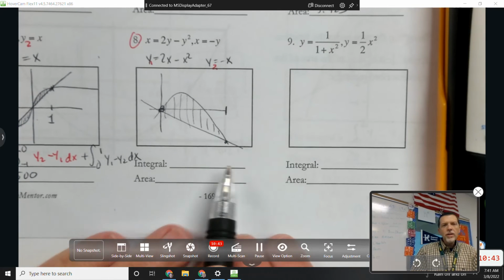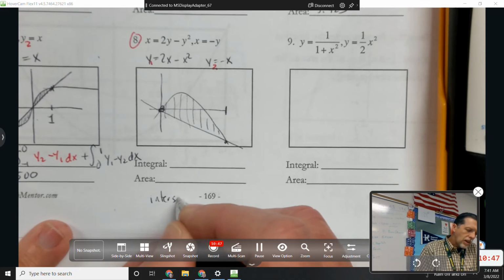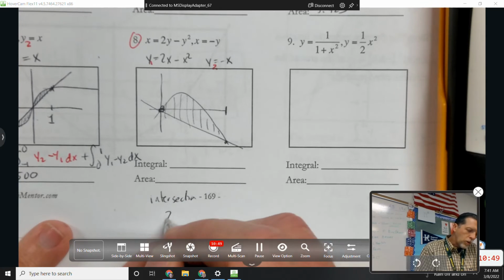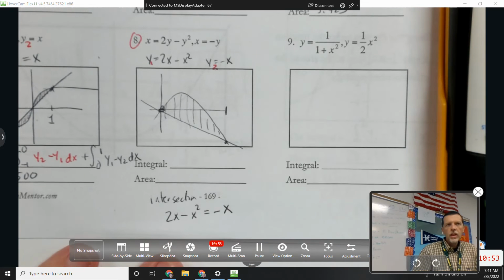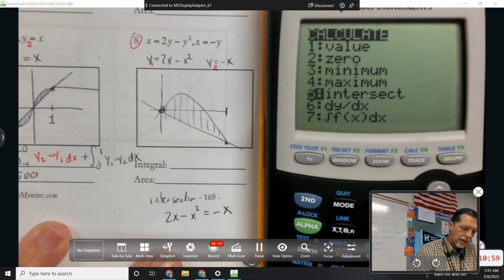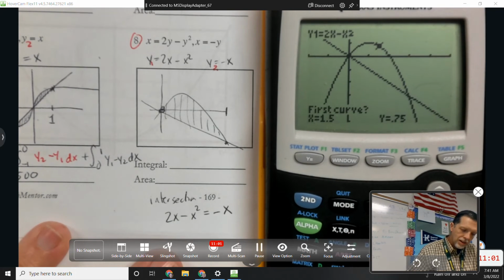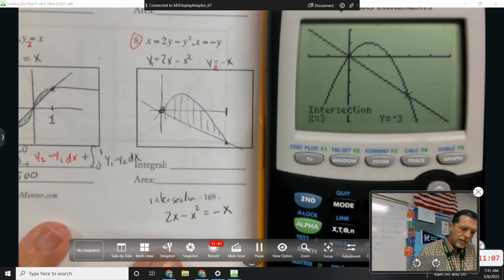Without a calculator, we didn't do this yesterday, but without a calculator to find the intersection, you would just set the two equal to each other and solve for x. But I have a calculator, so I don't want to do that. I just want to remind you that it can be done, but since you're using the calculator for everything else, use it for the intersection.